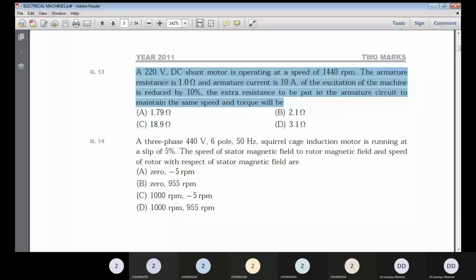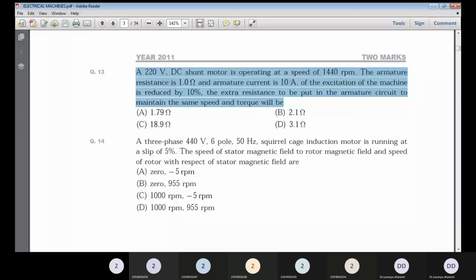So that thing you have to understand. Reduced by 10%, what is the extra resistance to be put in the armature circuit to maintain the same speed and the torque? For maintaining the same speed and torque, what is the extra resistance we have to use?